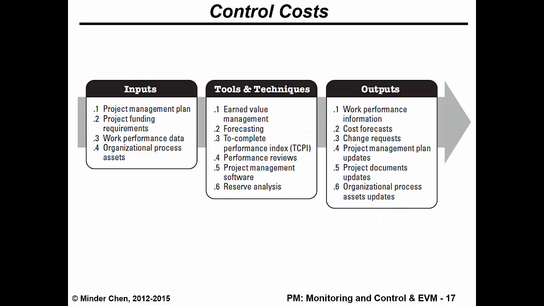To control the cost, as I mentioned, there are various techniques. One of them is called earned value management. We need the work performance data. We also need the funding requirement, which means a kind of budget plan, in order for us to apply this earned value management approach.